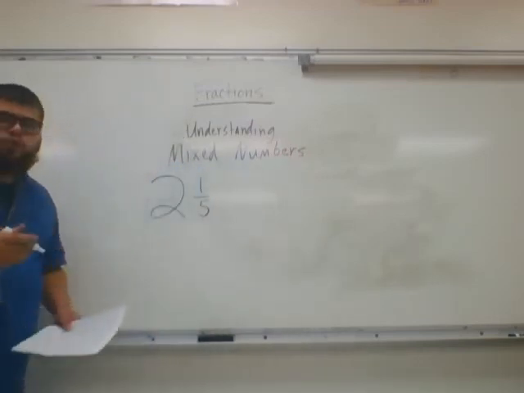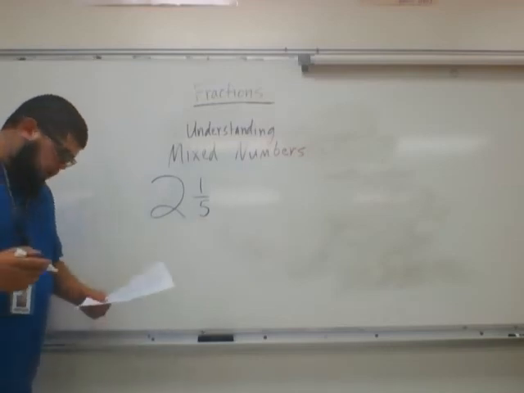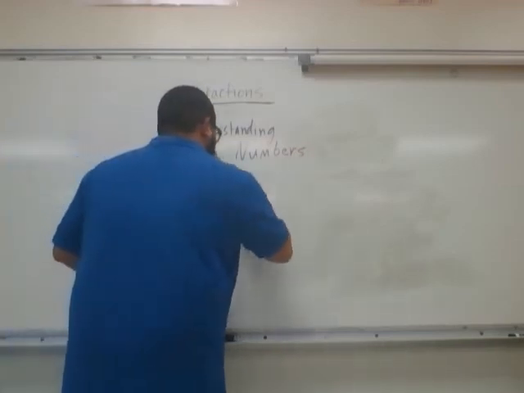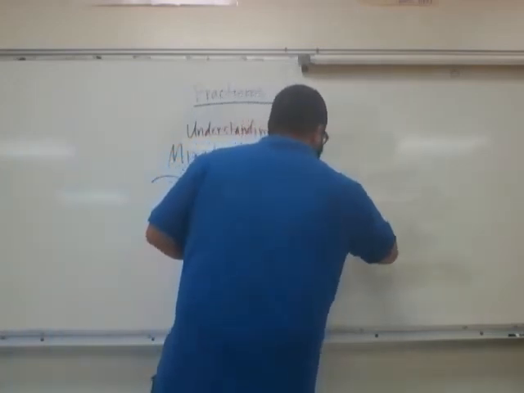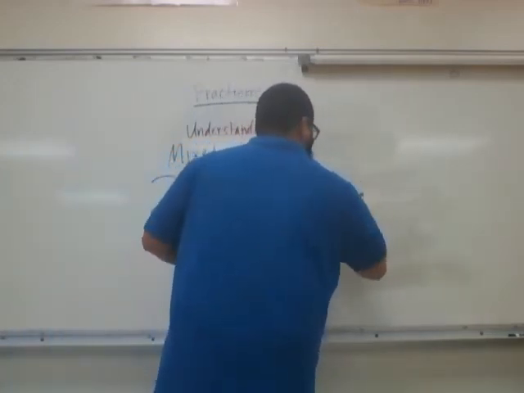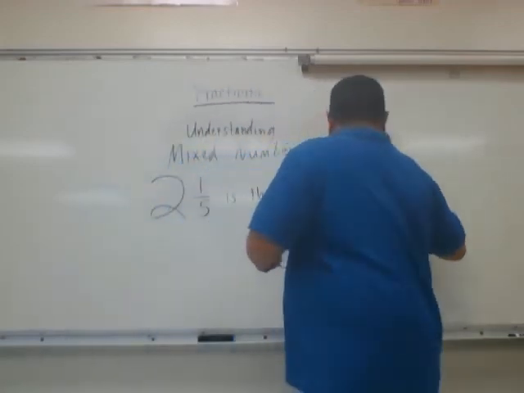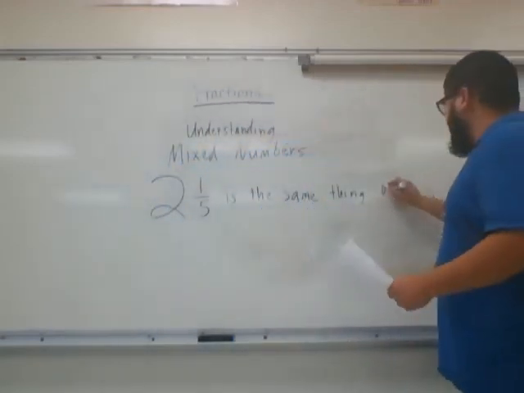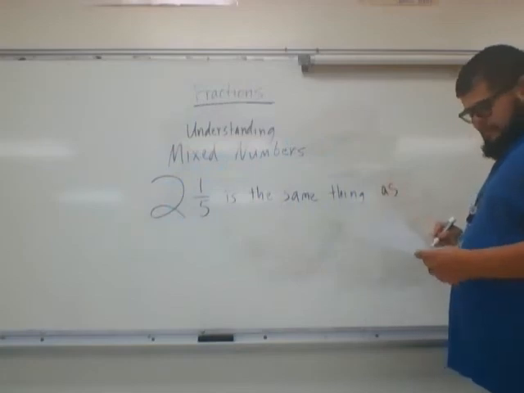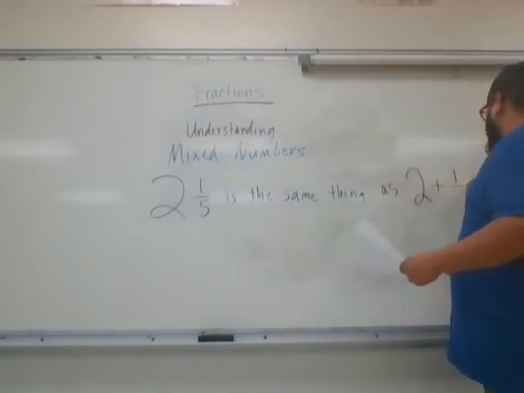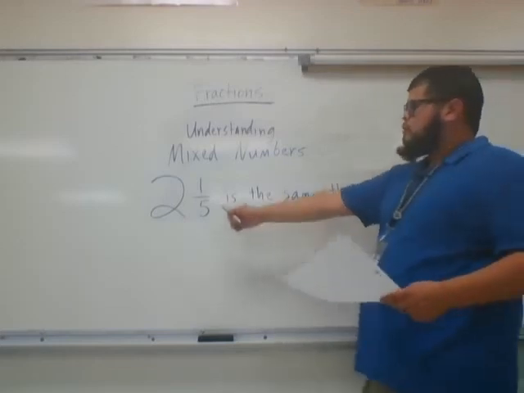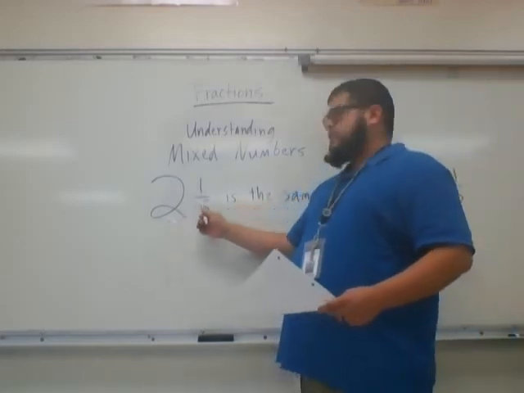So let's say you have the number 2 and 1/5. Okay? 2 and 1/5. Well, 2 and 1/5 is the same thing as, let's go ahead and write it right here, 2 plus 1/5. Because the way you read this is 2 and 1/5.